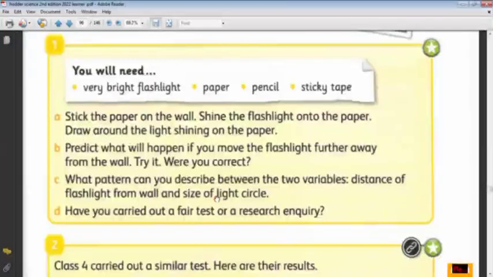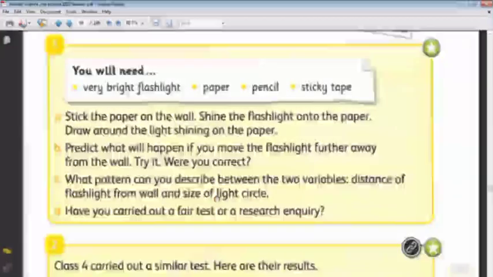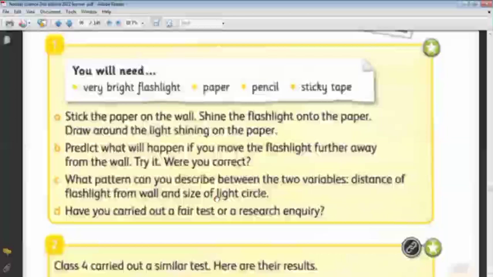Okay. D, have you carried out a fair test or a research inquiry here? There is another inquiry here also, another science inquiry activity, other than the fair test.